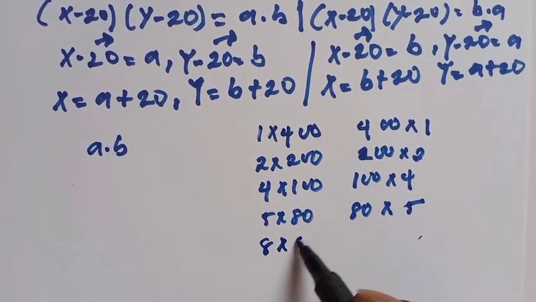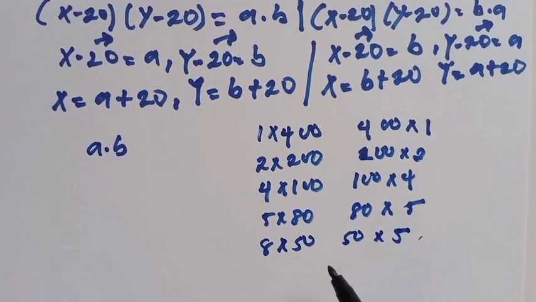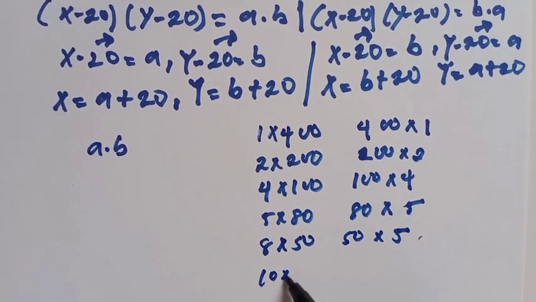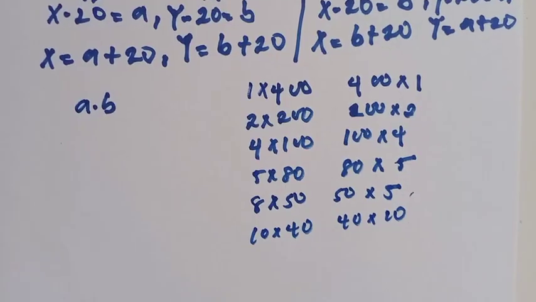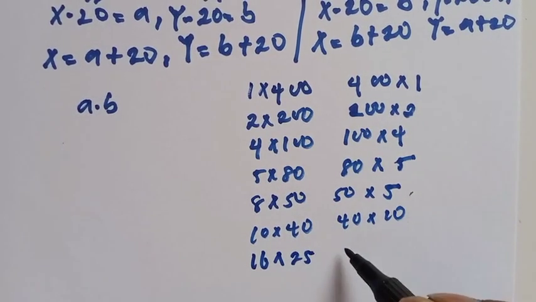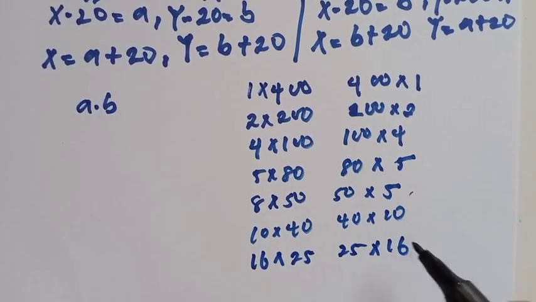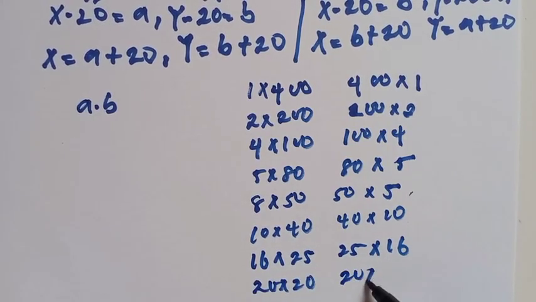8 times 50, and 50 times 8, 10 times 40, and 40 times 10, 16 times 25, and 25 times 16, then 20 times 20, and 20 times 20.